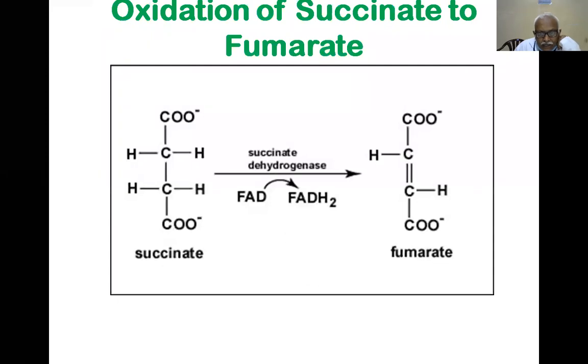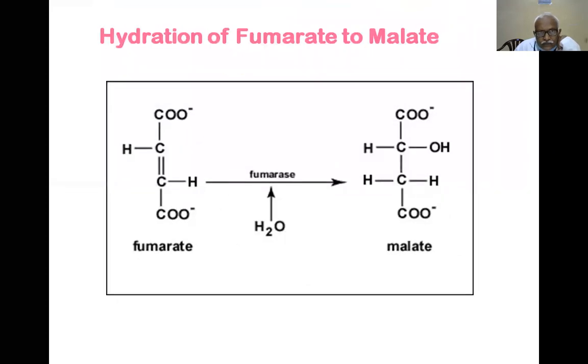Succinate will be converted to fumarate by the participation of succinate dehydrogenase, and FAD will be converted to FADH2. Fumarate will be converted to malate by hydration. It's a hydration reaction, with participation of H2O.